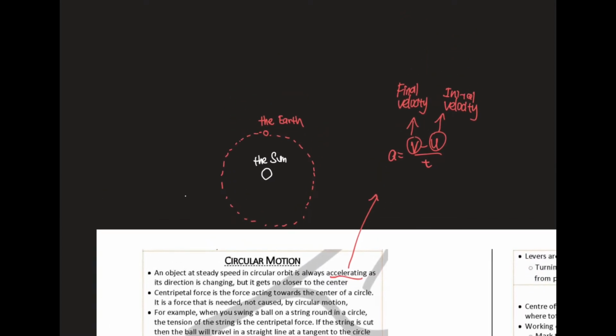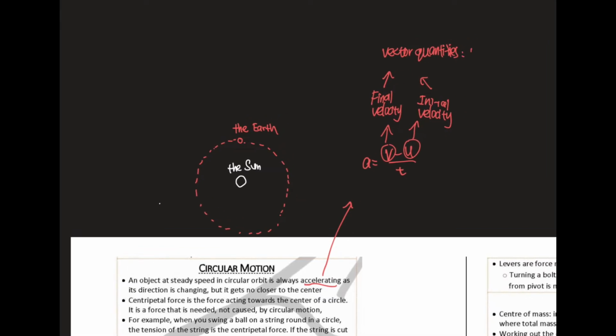Both of these are vector quantities. Vector quantities have magnitude and direction. Magnitude means the value, the speed, and then the direction.